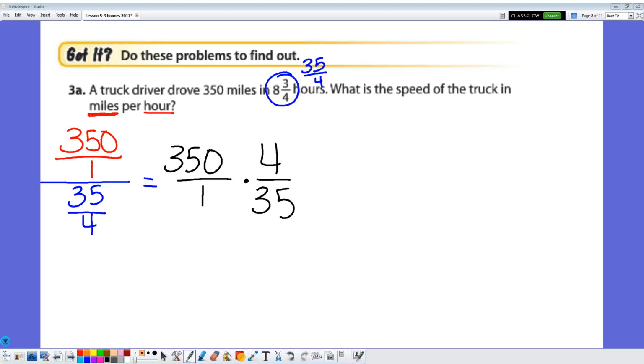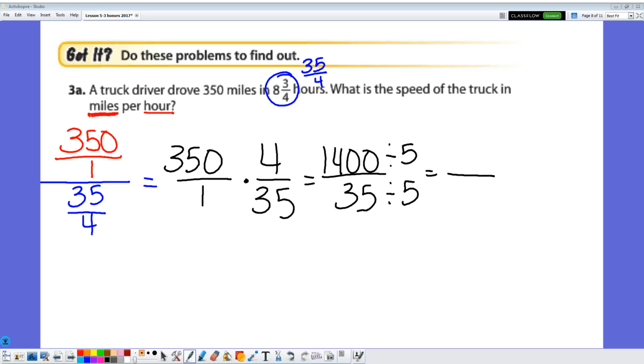Okay. And this time I'm going to multiply straight across. And I get 1,400, and 1 times 35 is 35. Okay, I know I can divide by 5 since they both end in a 0 and a 5. 35 divided by 5 is 7. 1,400 divided by 5 is 280.